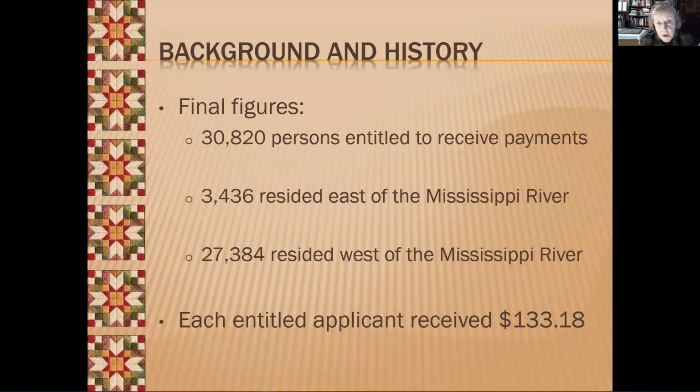And after it was all said and done, and you'll see the figures on that in a minute, each individual that was entitled to payment received $133.18, which today doesn't sound like anything, and it really wasn't even in 1910. It was not going to cover the land and the property and everything that they left.